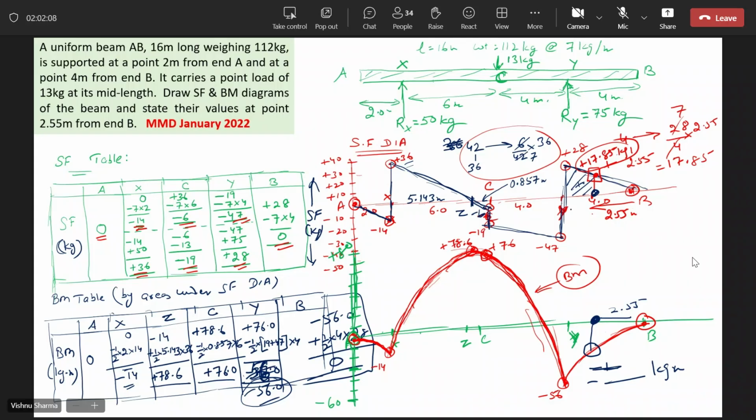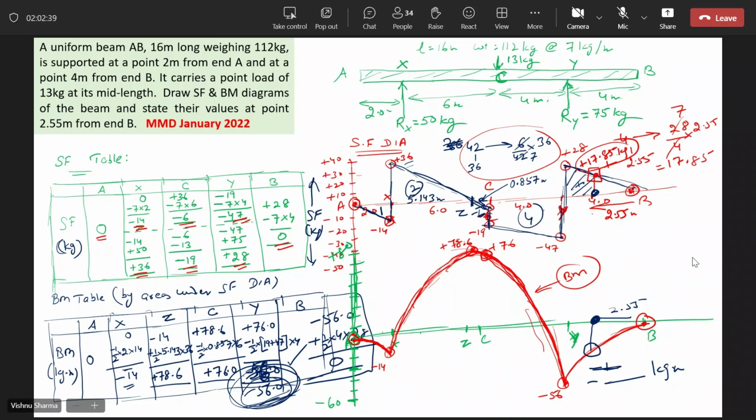What is the area under the SF diagram up to Y? The area under the SF diagram up to Y, to the left of Y, is the BM at Y, correct? Yes, sir. That is minus 56. This area 1 plus area 2 plus area 3 plus area 4, they all come to minus 56 here, in the table.